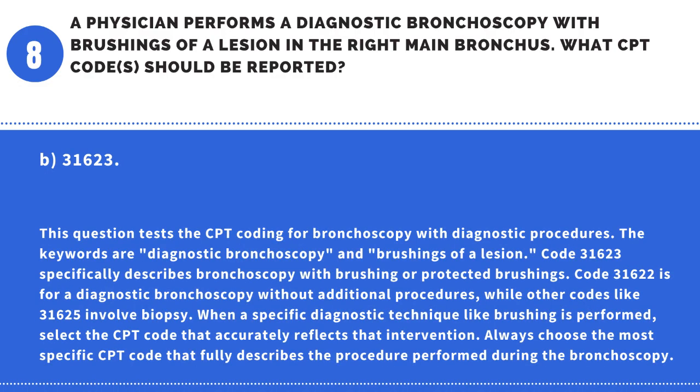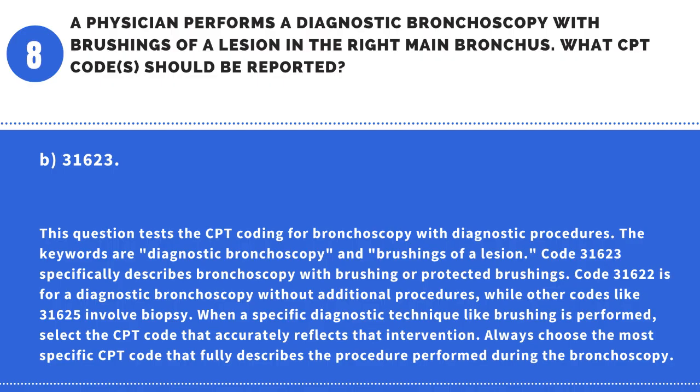Answer B. 31623. This question tests the CPT coding for bronchoscopy with diagnostic procedures. The keywords are diagnostic bronchoscopy and brushings of a lesion. Code 31623 specifically describes bronchoscopy with brushing or protected brushings.